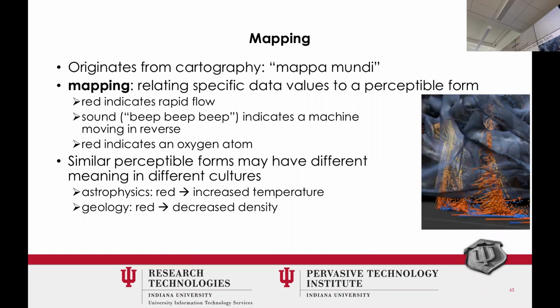That tells us that somebody's moving backwards who doesn't have good vision, right? Or in another context, red might mean oxygen atom, right? So different cultures use different mappings, and that's something we have to watch out for. And when I say culture in this case, I mean scientific community, right?